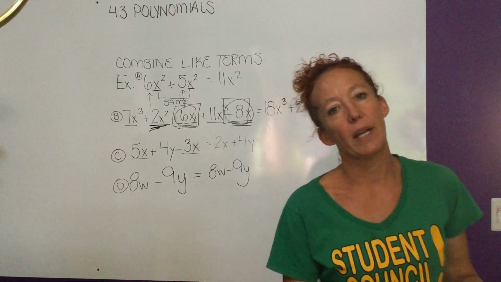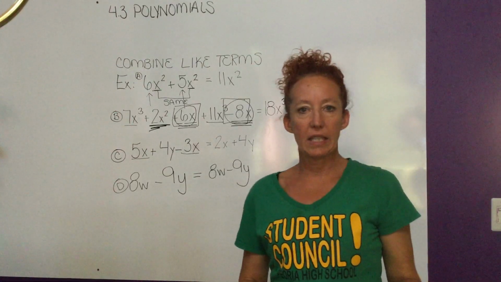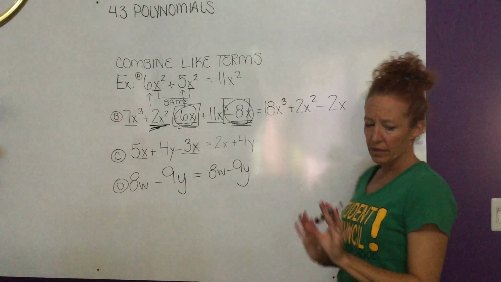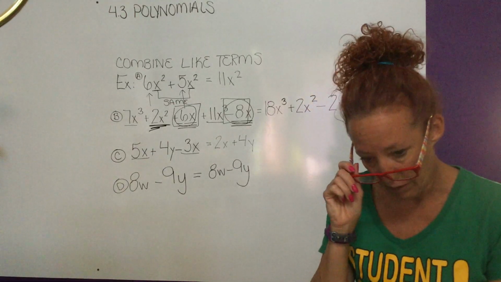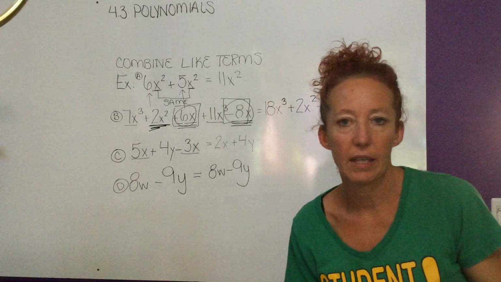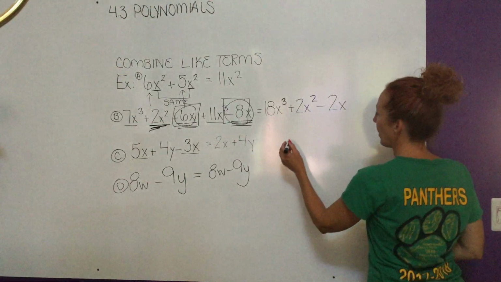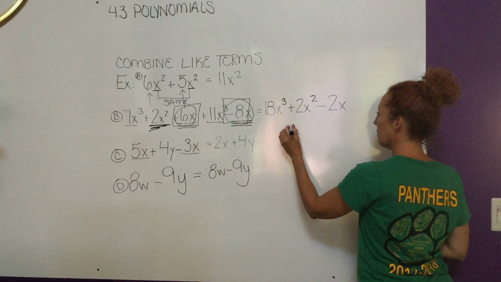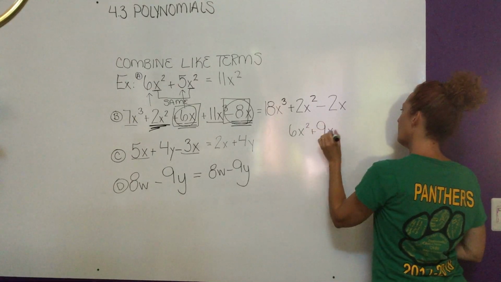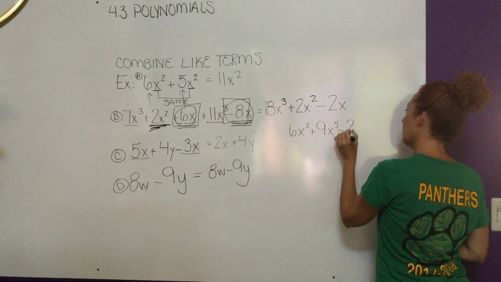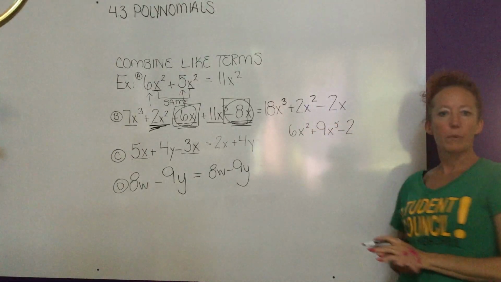Historically speaking, we write our answer in descending order. So side comment, do I have that? No, I don't, it might come up later. Now that I'm thinking of it, if we had something like this, we would rewrite that.